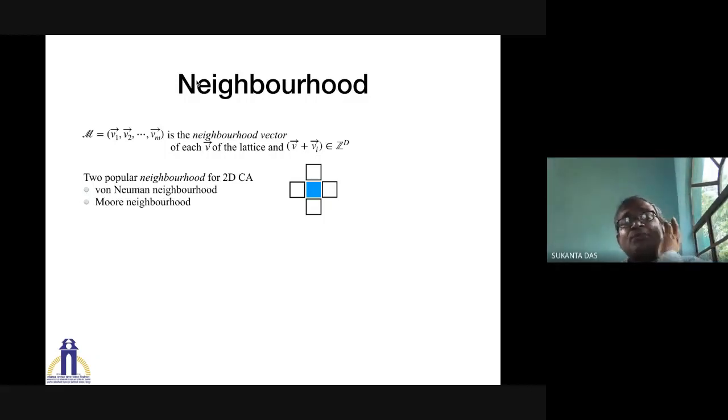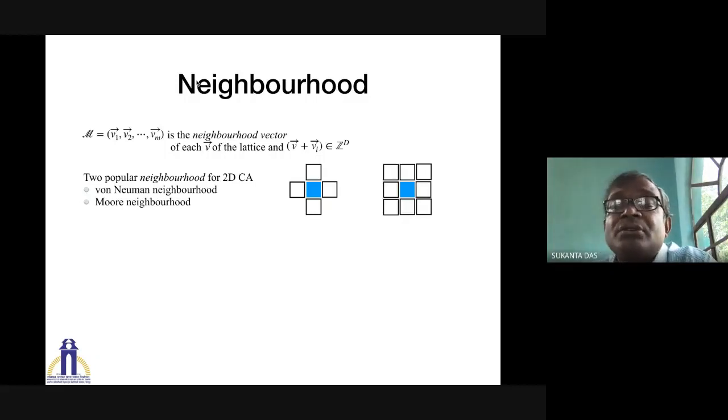However, after the work of von Neumann, Moore proposed a different kind of neighborhood like this one. Here, instead of only orthogonal neighbors, the corner cells are also considered neighbors of the blue cell. You get a square-like structure.